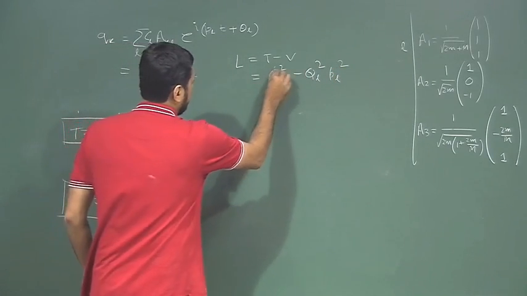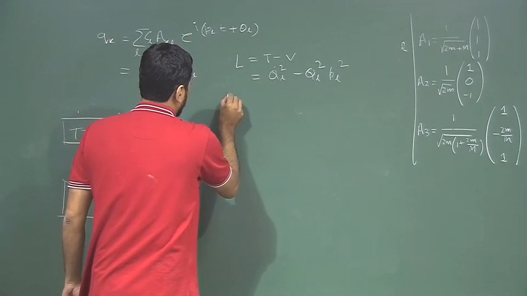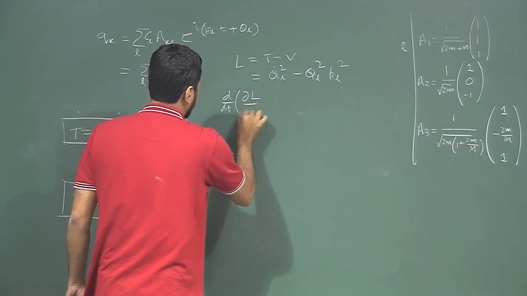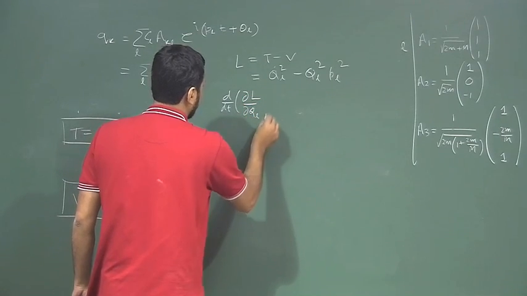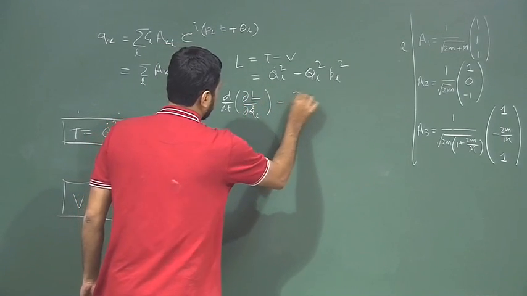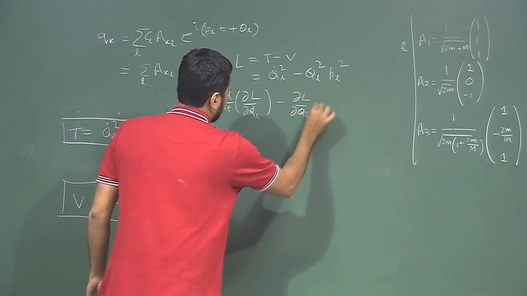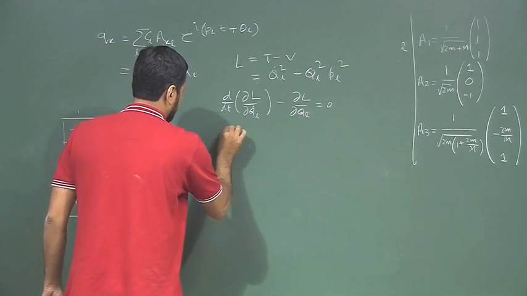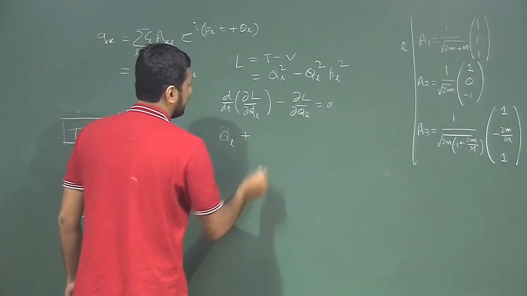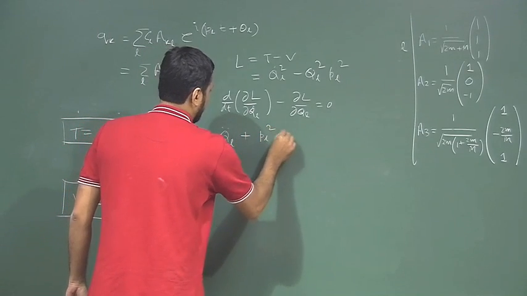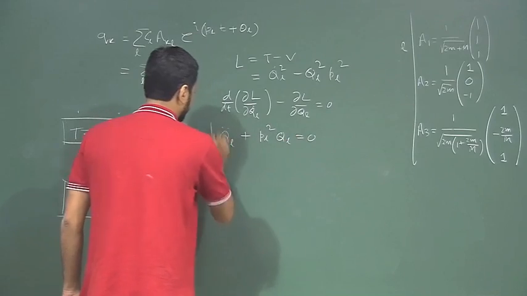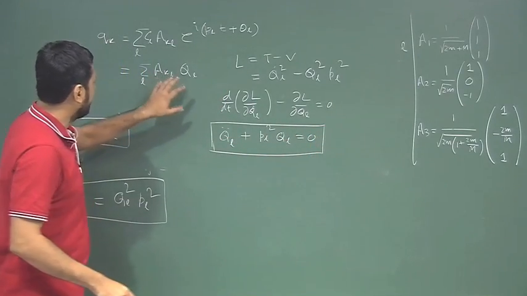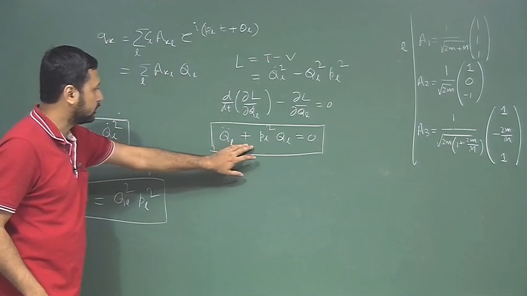In this Lagrangian, d/dt of ∂L/∂Q_L dot minus ∂L/∂Q_L will be equal to 0. If you do that, you will get Q_L double dot plus P_L squared Q_L equal to 0. And this is kind of obvious, the way we have defined Q_L, this has to happen.